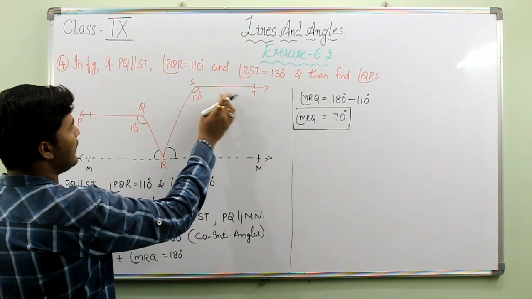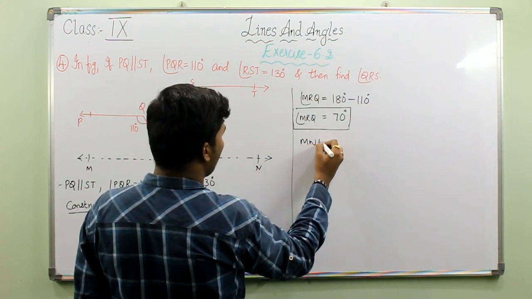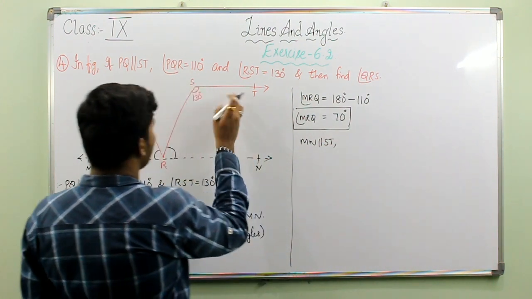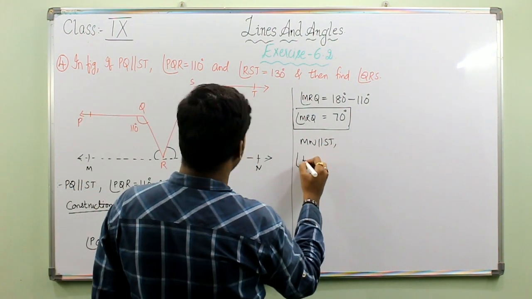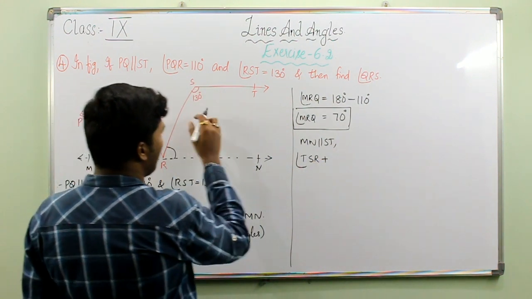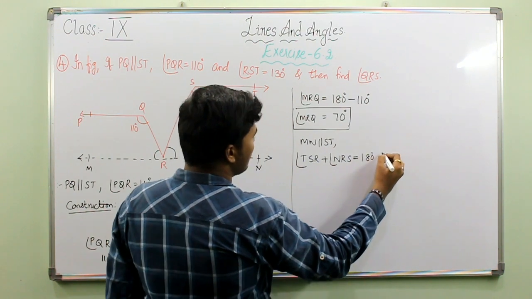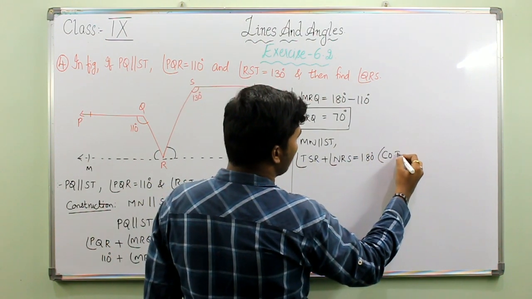Now similarly, if MN is parallel to ST, then here also we have angle TSR plus NRS is equal to 180. Same reason, co-interior angles.